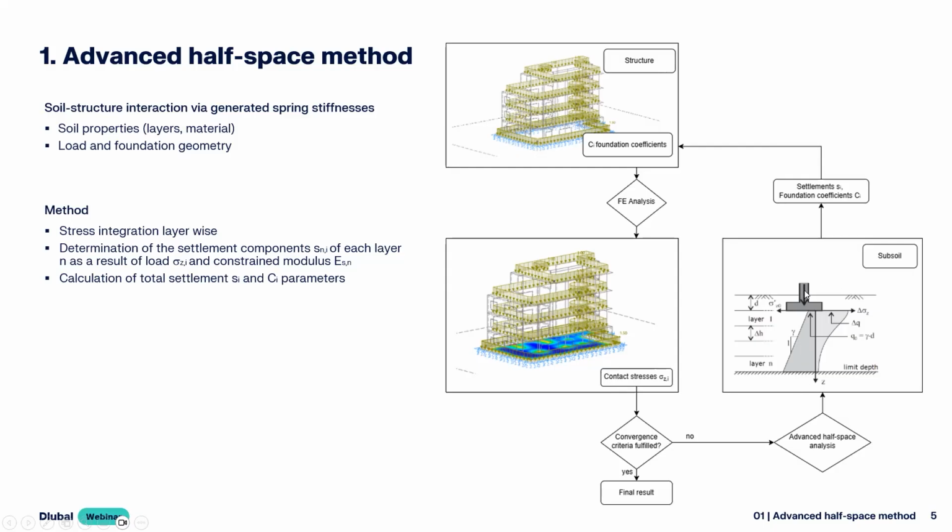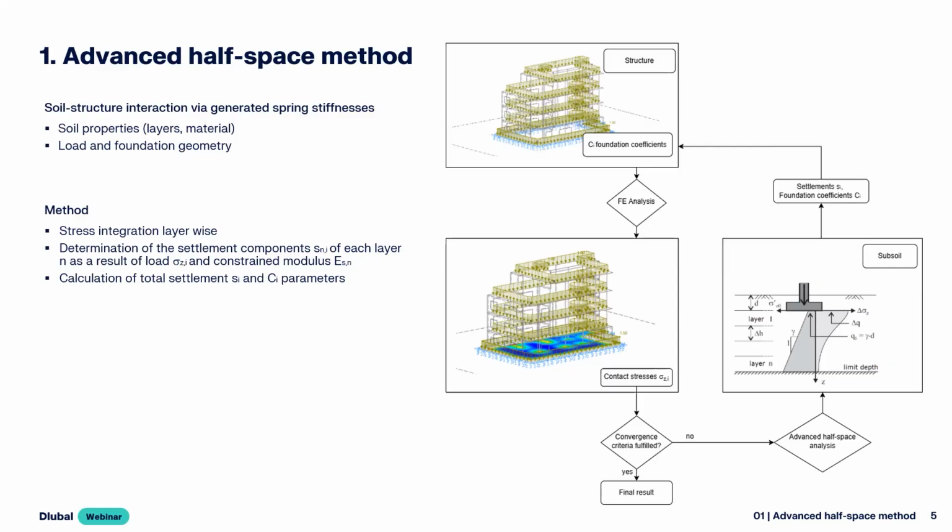They again will be put on the subsoil with its properties, and again the settlements will be calculated, and also the foundation coefficients. Then it will be updated, and so on, until this iterative process is finished and the convergence criteria is fulfilled. Yeah, this just as a small summary for this method.